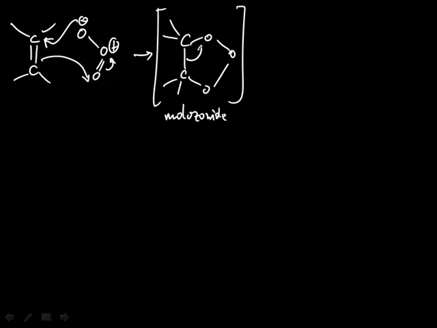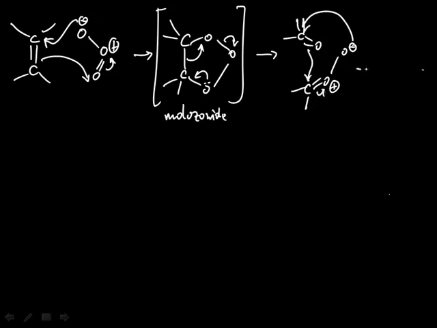Then collapse of this molozonide involves generation of one carbonyl compound and an oxidized version of another carbonyl compound. Now this rearrangement involves a nucleophilic attack here and here to give us finally the ozonide.